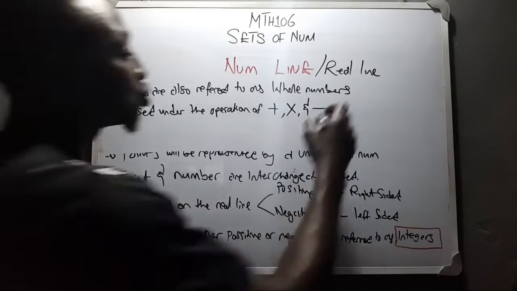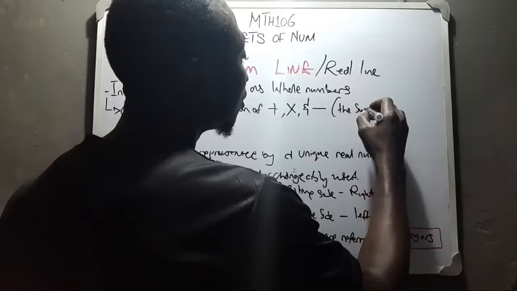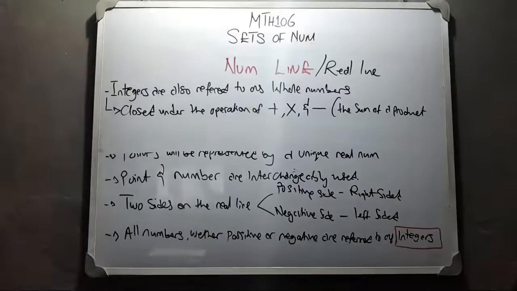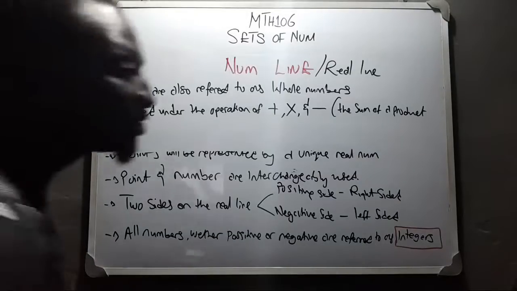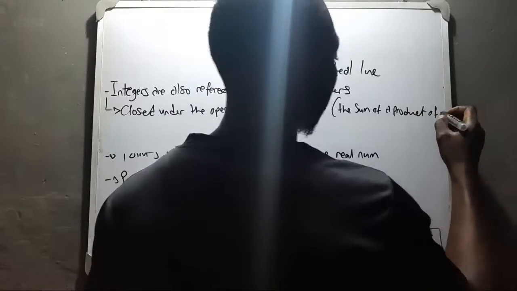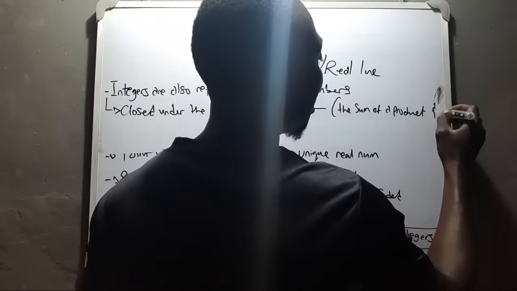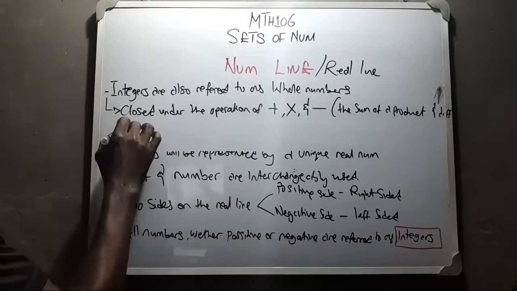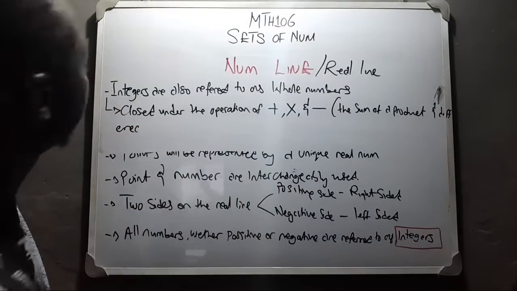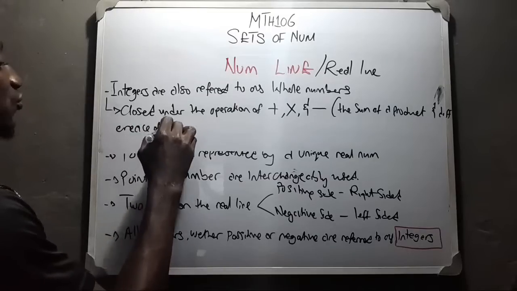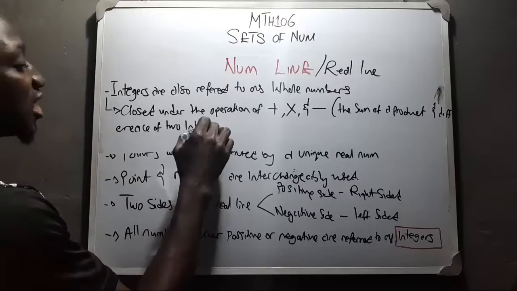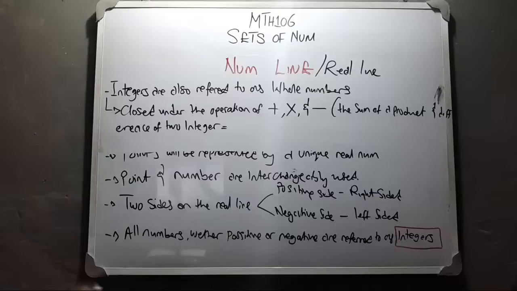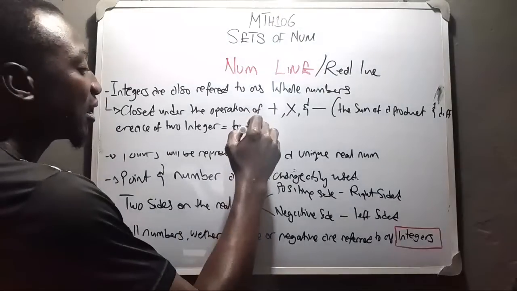All right, the sum, product, and difference of two integers is still equal to an integer.